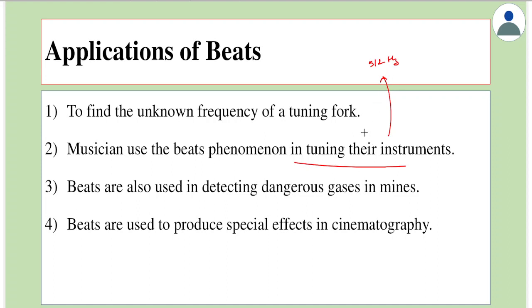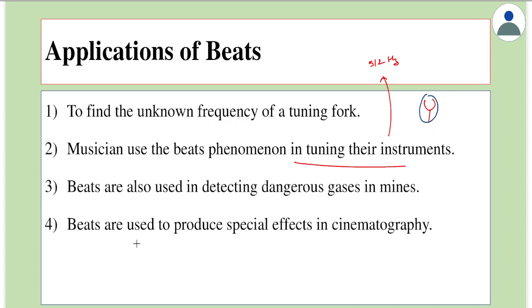Then the person can keep changing the knobs or ends of the instrument by resonating this with a known tuning fork frequency. When both the known frequency and the wire are sounded together, beats will be heard. The person can keep on tuning until no beats are heard. In that way, the person can tune his instrument.